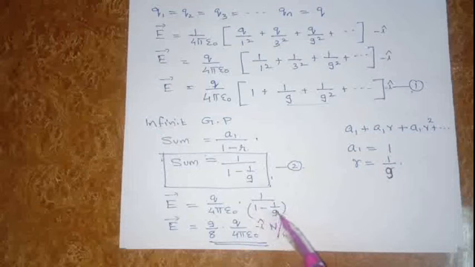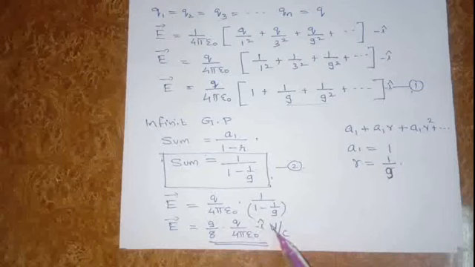So 1 minus 1 by 9, that is 9 minus 1 by 9, 8 by 9 will be the denominator. 9 goes up, so 9 by 8 times q by 4 pi epsilon 0 Newton per coulomb. This is the answer, and the direction will be minus i.